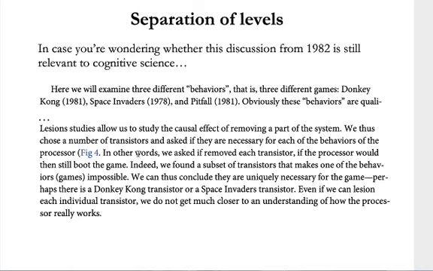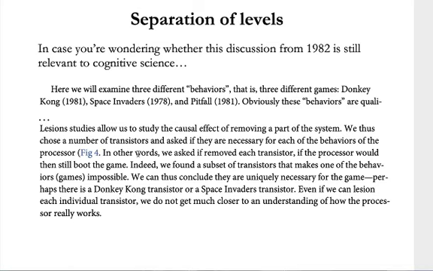And then you ask what changes in the behavior when you take away part of the brain, right? So in the lesion studies, you would normally do that by comparing somebody with a brain injury to somebody without the brain injury and asking, well, what are the neural differences here and how do those correlate with differences in behavior? "Lesion studies allow us to study the causal effect of removing a part of the system."